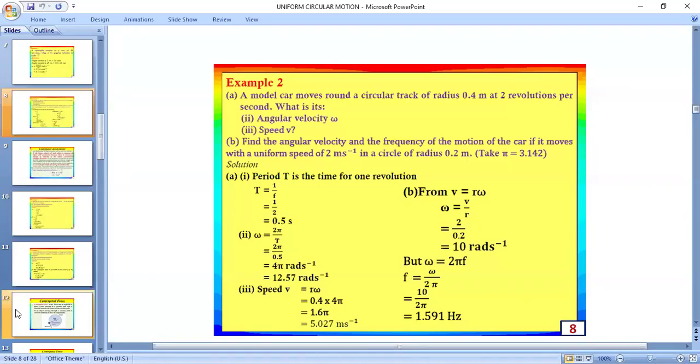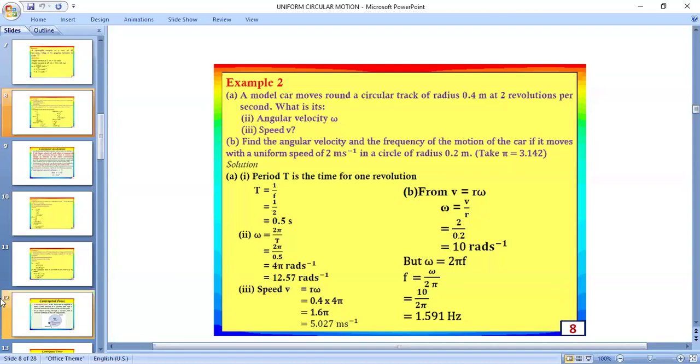Part B says, find the angular velocity and the frequency of the motion of the car if it moves with a uniform speed of 2 meters per second in a circle of radius 0.2 meters. So let's start with the angular velocity.